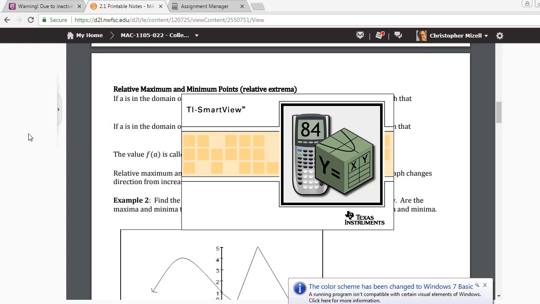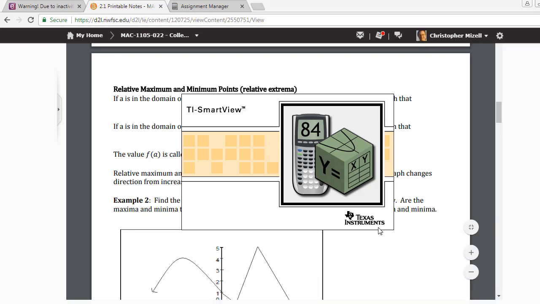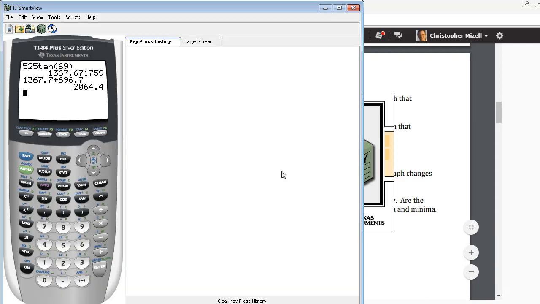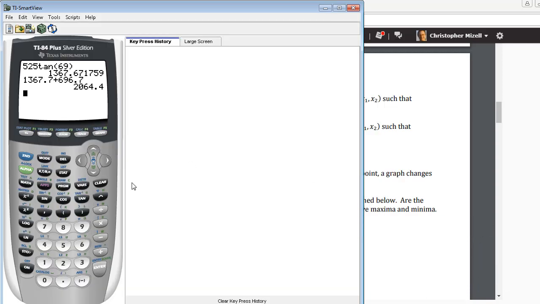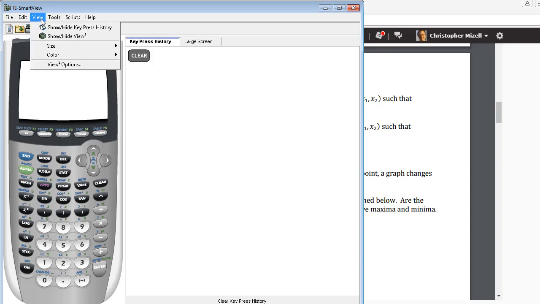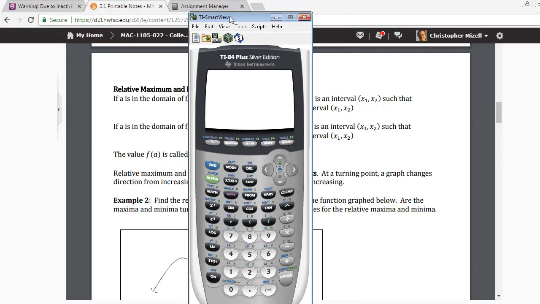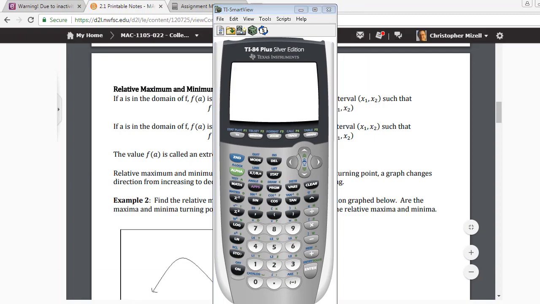If you wanted to plot a bunch of points, you could do this with a conventional calculator, but it's much faster on a graphing calculator. And there'll be an example, probably on the next test, where the x coordinates of these points at the bottom of the valleys and the tops of the hills will not be nice. So you'll need the graphing calculator to find the coordinates of those points.